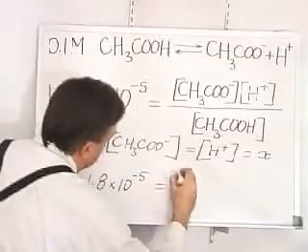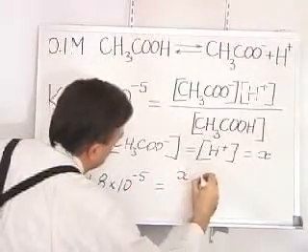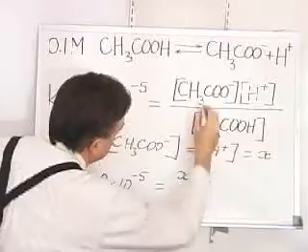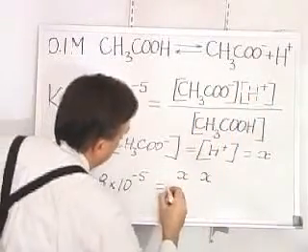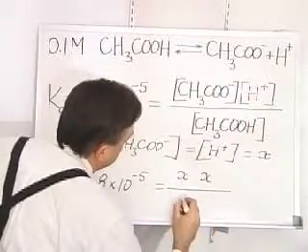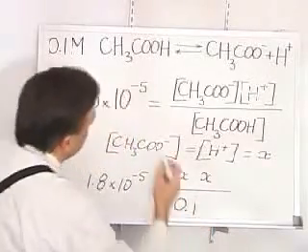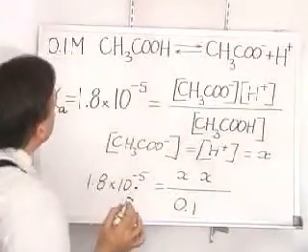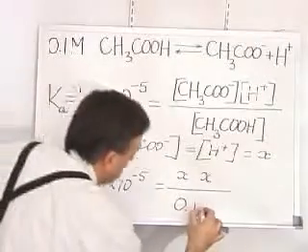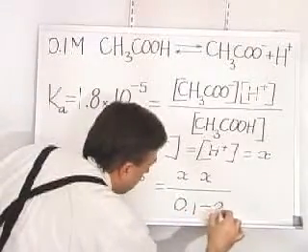This will be X times X over, now the initial concentration is 0.1 as we mentioned, and due to the breakup of these acetic acid molecules is decreased by an amount of X.